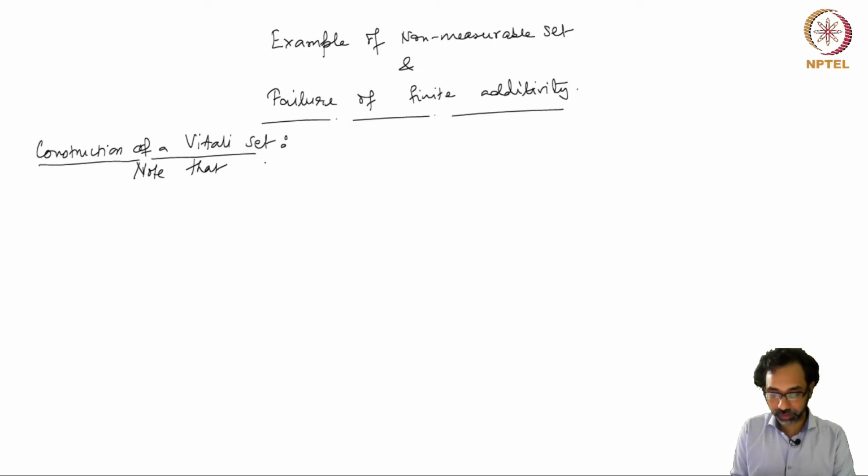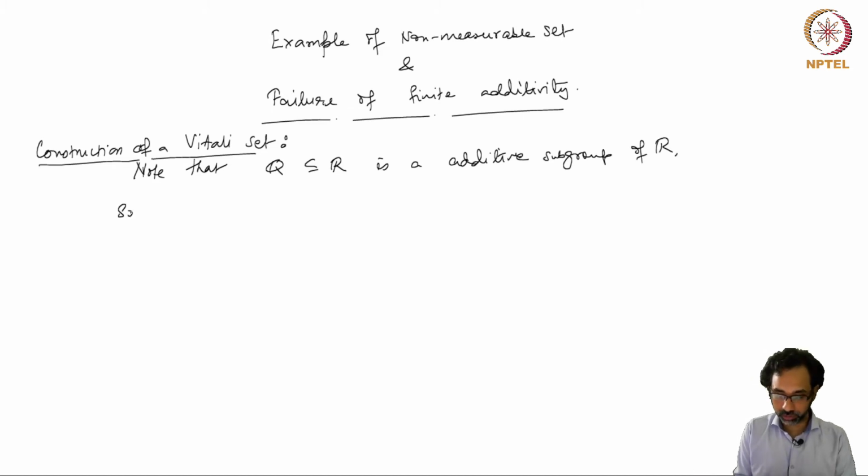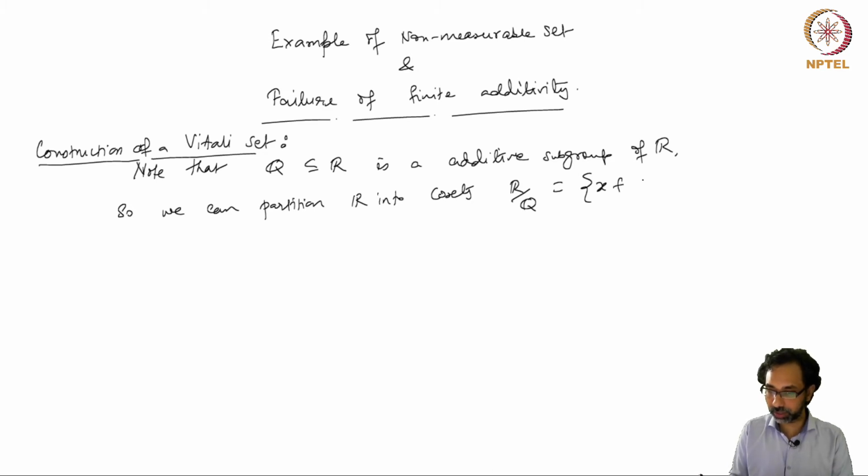So first note that the set of rational numbers is an additive subgroup of the real numbers, additive subgroup of R. So we can partition R into cosets, which we write as the set of cosets x plus Q, such that x is in R. So the quotient group is given by R mod Q, and this is simply the cosets, right cosets or left cosets, of the rationals given by x plus Q.